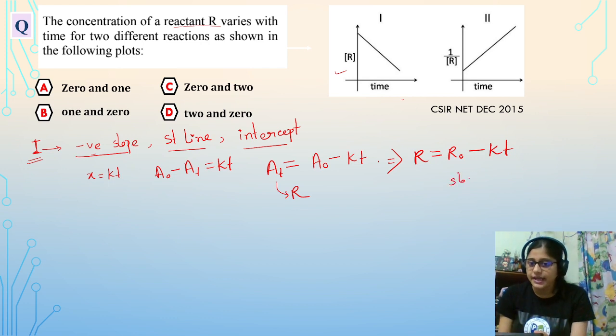Slope will be minus K, and intercept will be R0.